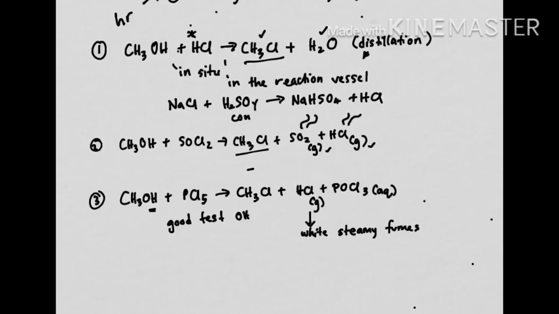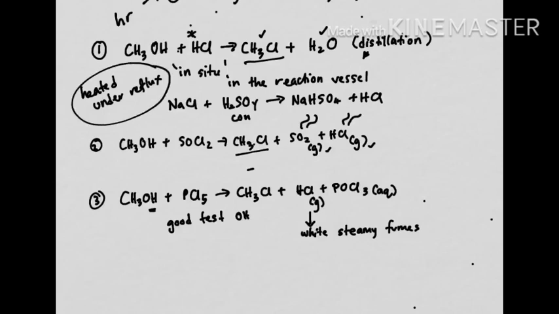Now take note, the first reaction that we have is going to be heated under reflux. Okay, heated under reflux. If you do not understand what is heated under reflux, refer to my previous lesson. Heated under reflux is where you are heating something without evaporating the substance. So you are going to heat and then continue to reheat until you have the substance or the product that you desire to be formed.